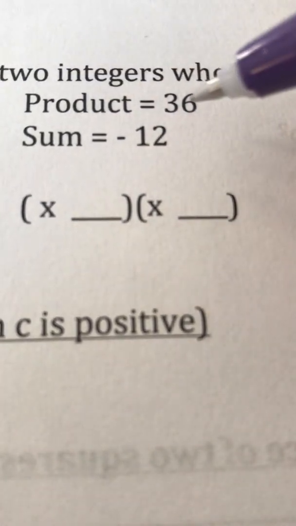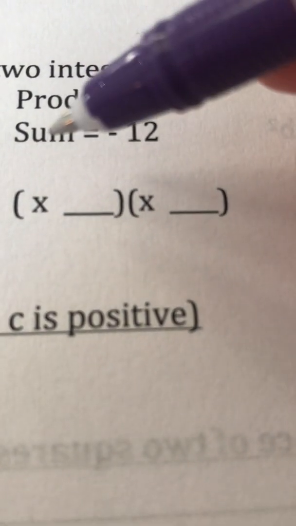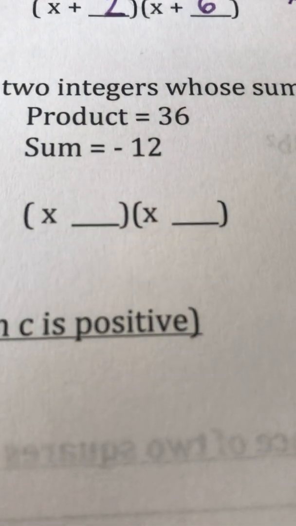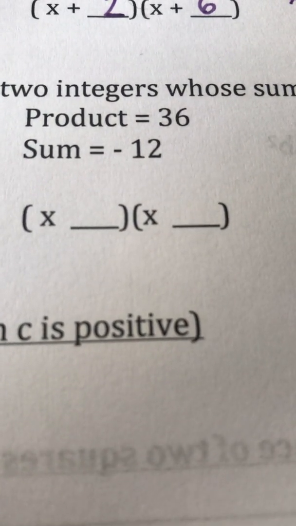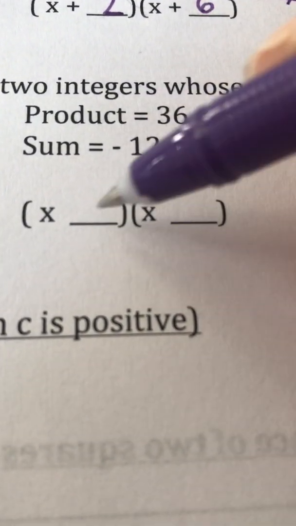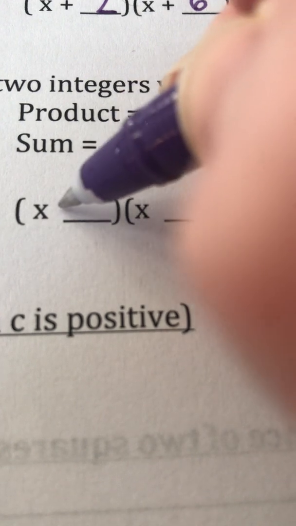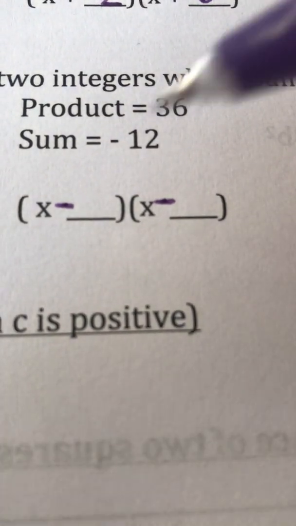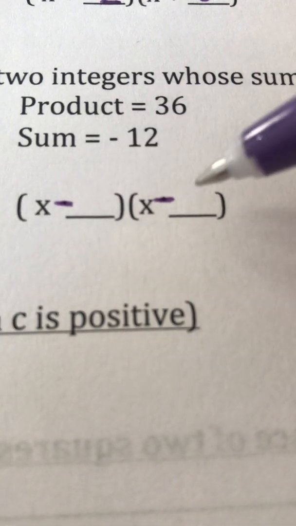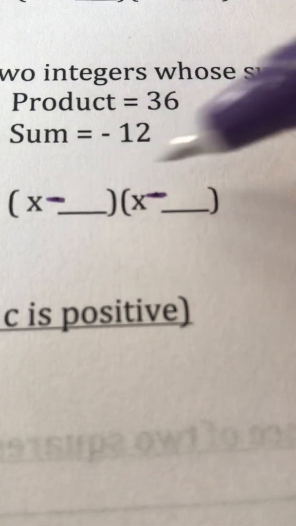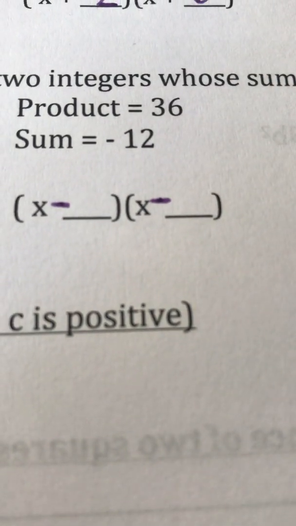We want a product of positive 36 and a sum of negative 12. So if our product is positive and our sum is negative, then what we know about these two binomials is that they both will be negative. Because if we multiply a negative times a negative, that gives us a positive. And if we add a negative and a negative, that gives us a negative.